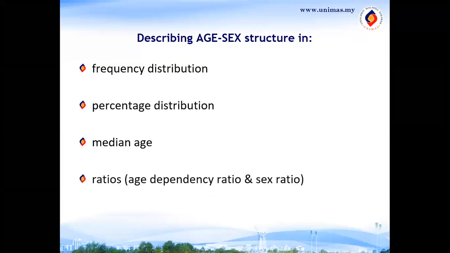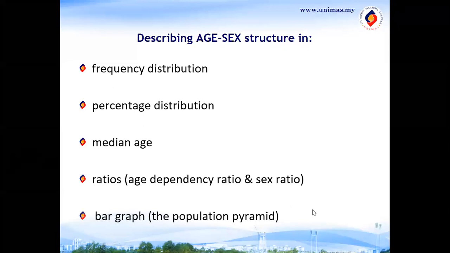And then also we can describe the age sex structure in terms of ratios, particularly age dependency ratio, and the other is the sex ratio. Okay, we'll look at that more closely later on.